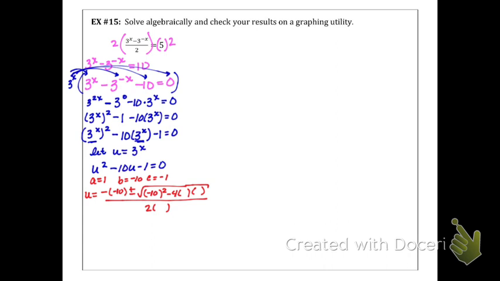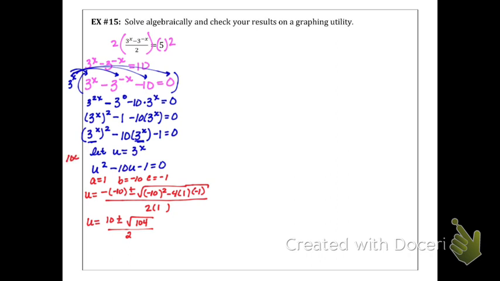And then let's fill in our blanks here. So I get 10 plus or minus the square root of, so negative 10 squared is 100. Negative 4 times 1 times negative 1 is plus 4, so 104 over 2.